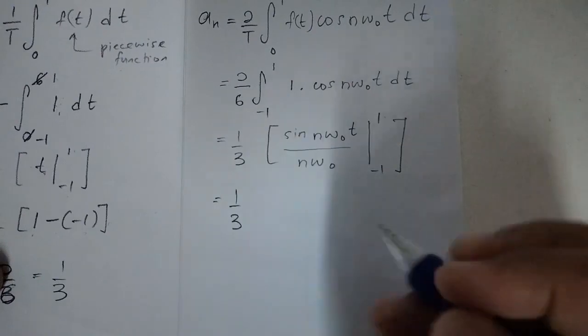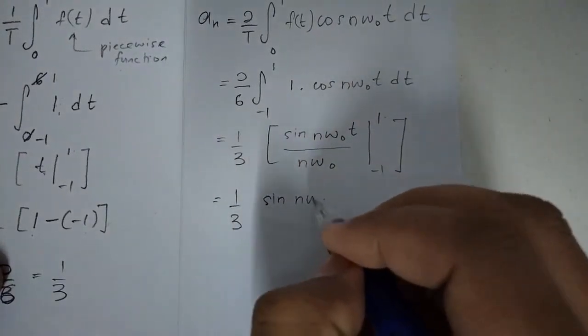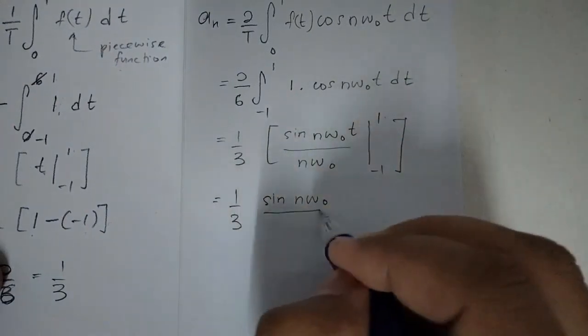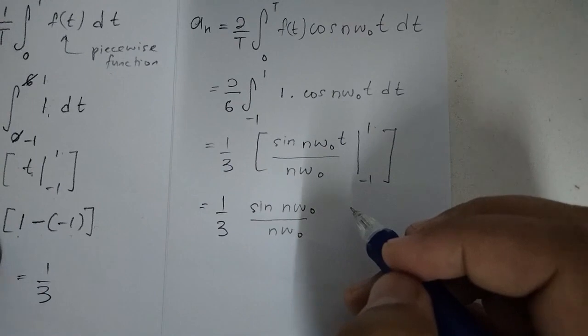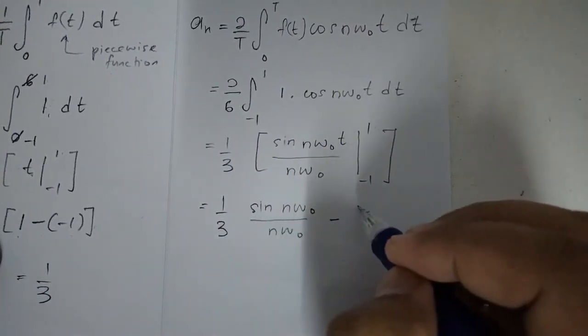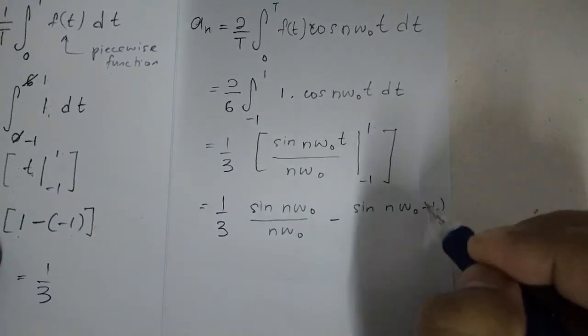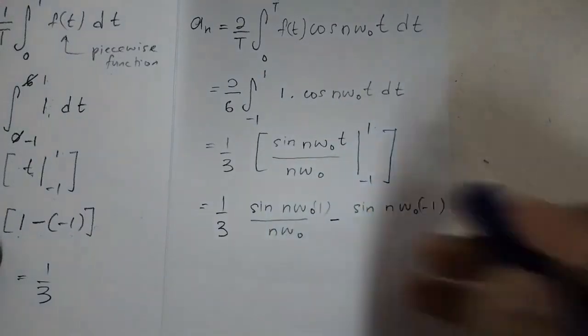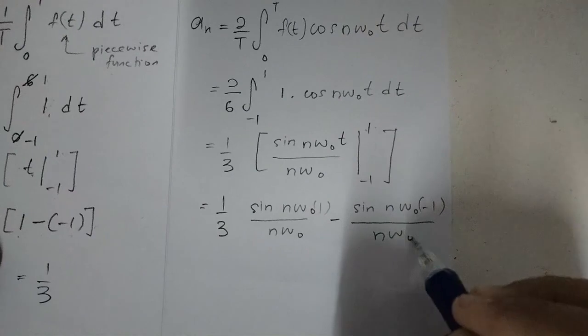And then sin(n omega naught) over n omega naught minus sin(n omega naught times negative 1) over n omega naught.